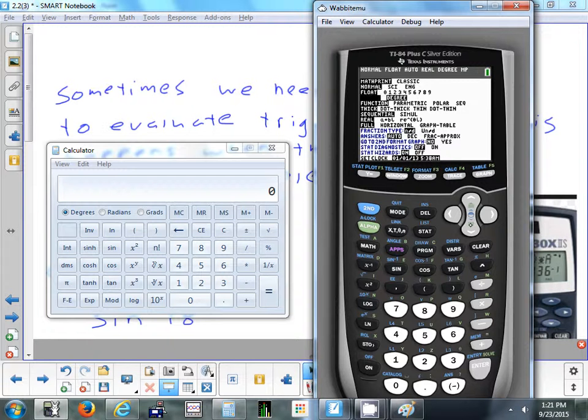You just highlight the choice you want. Even on an older one, it's still pretty much the same thing. If you're using a calculator other than any of those, I'll have to come help you. Every calculator is a little different. Does anybody have one that I didn't cover and they can't figure out how to change it?